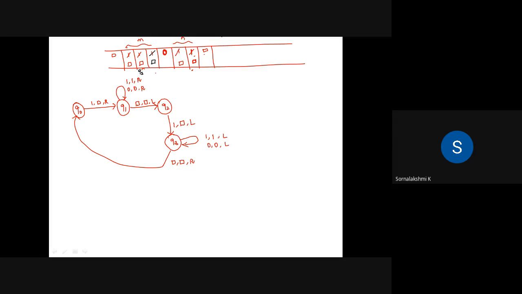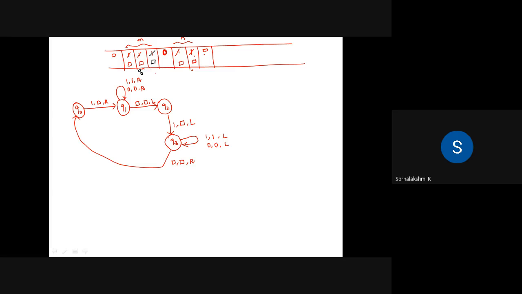So now what happens is I go to Q1. Continuously what it does, it loops. I just have to wait till I hit this blank. So when I hit this blank, what happens? I was in Q3, then I entered Q naught.